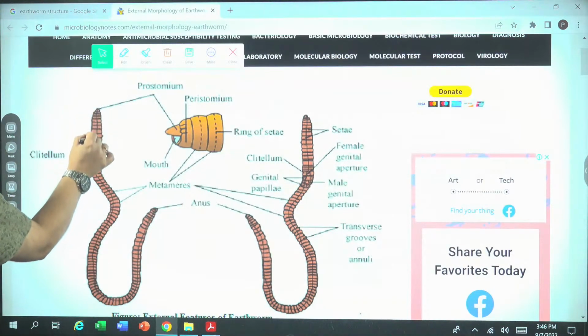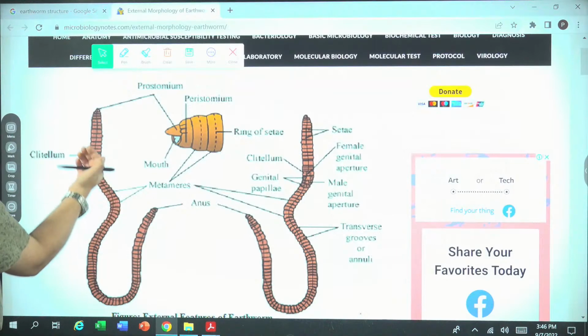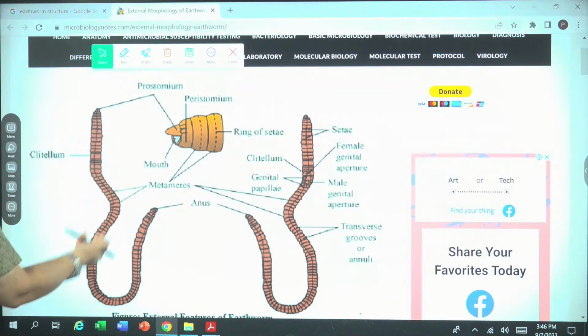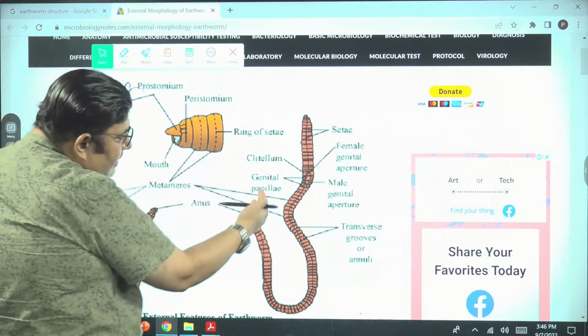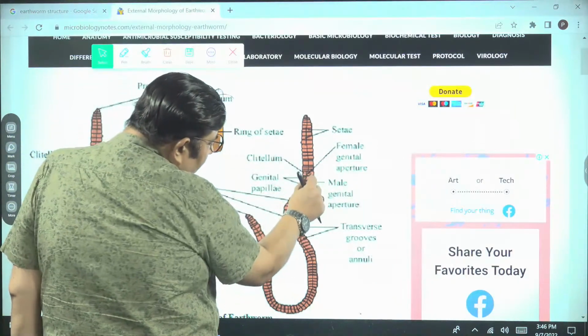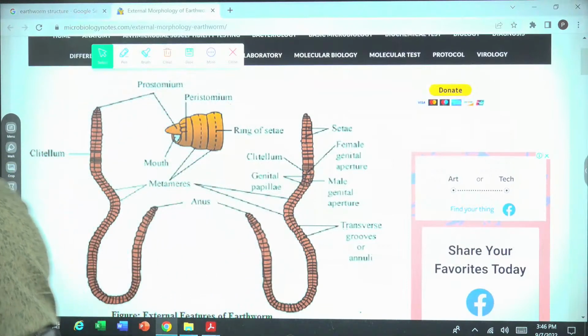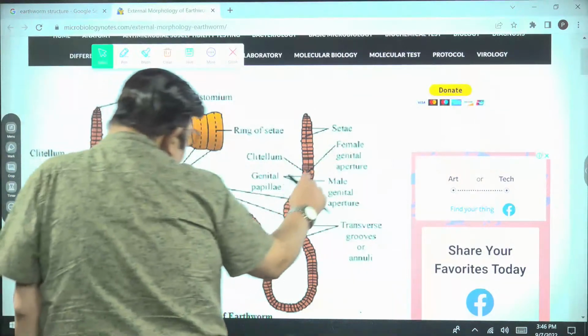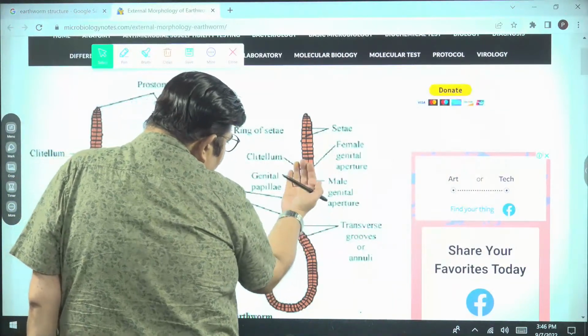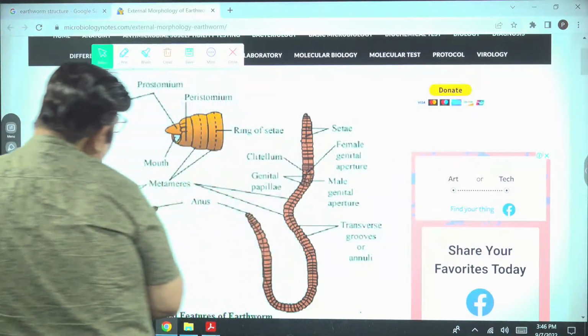By this mid-dorsal line we can make out the dorsal surface. The ventral surface does not have that line. Moreover, on the ventral surface, there are apertures, holes.